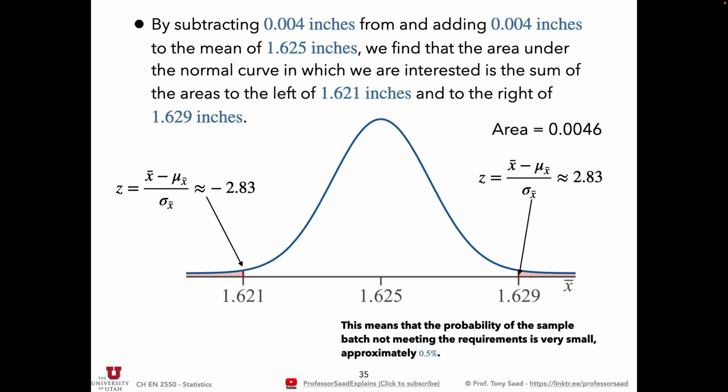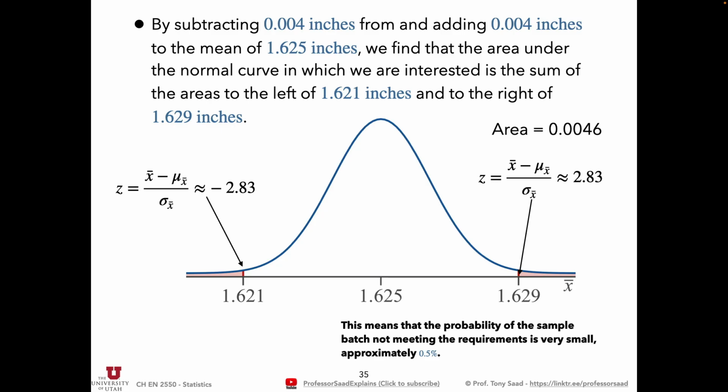All right, so this differs by more than 0.004 inches. So this is going to be areas in the tails, right? This is the mean 1.625 plus 0.004 minus 0.004. I want to find these two areas, okay, over here. I get the z-score. How do you get the z-score?